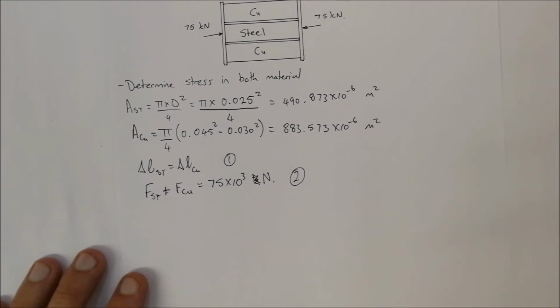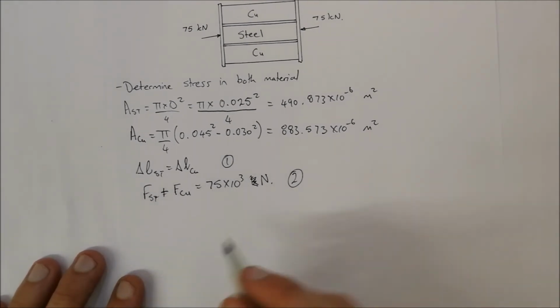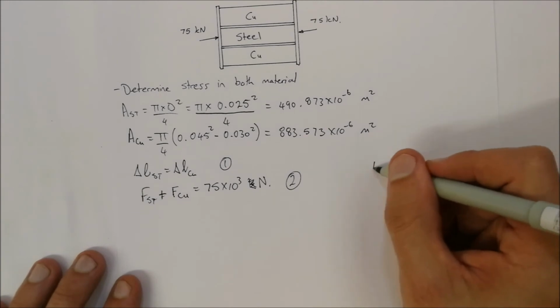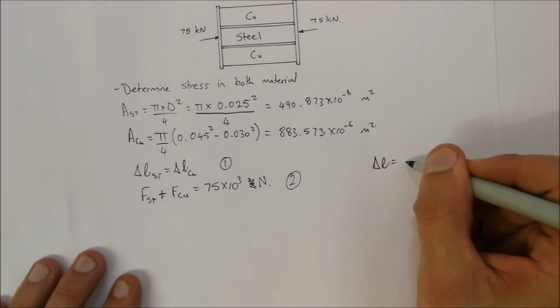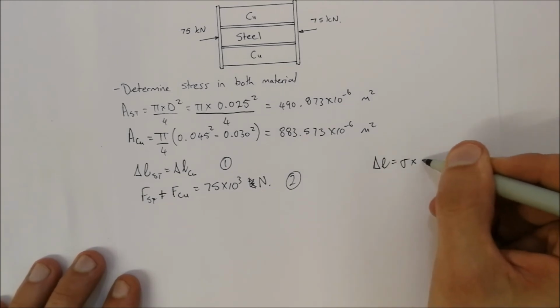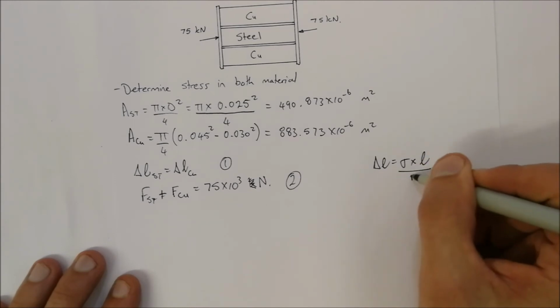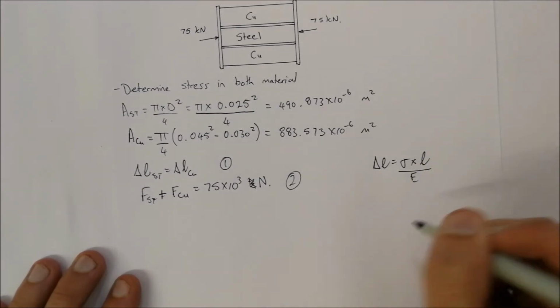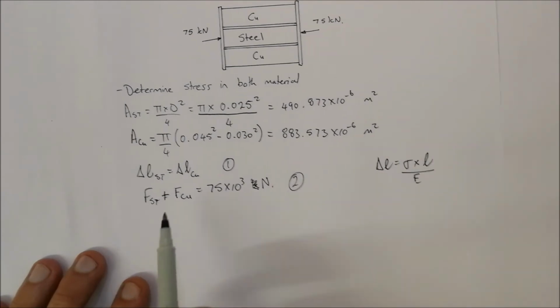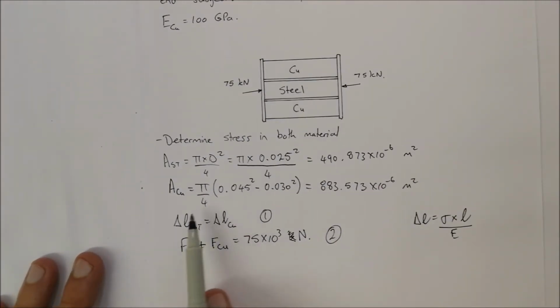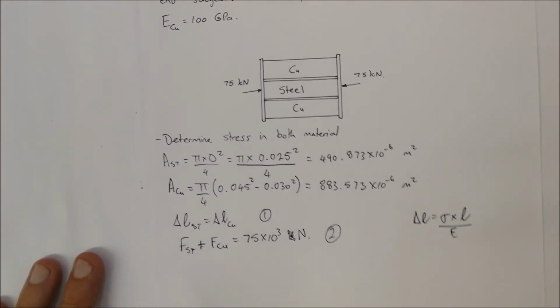If we look at equation 1, remember the equation of change in length is equal to stress times original length divided by E. With that we are able to place that into our equation 1.